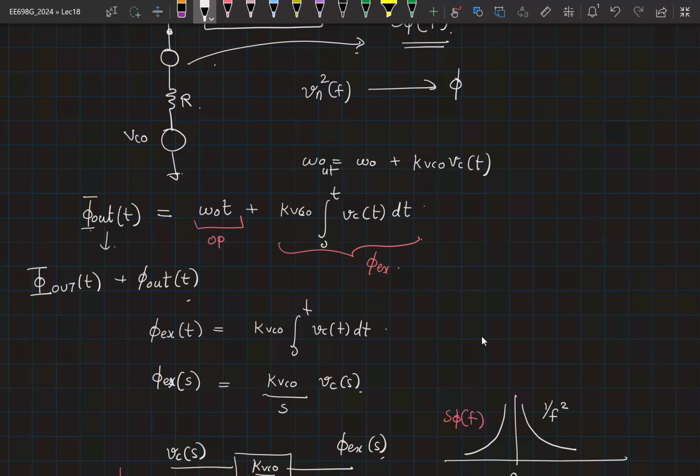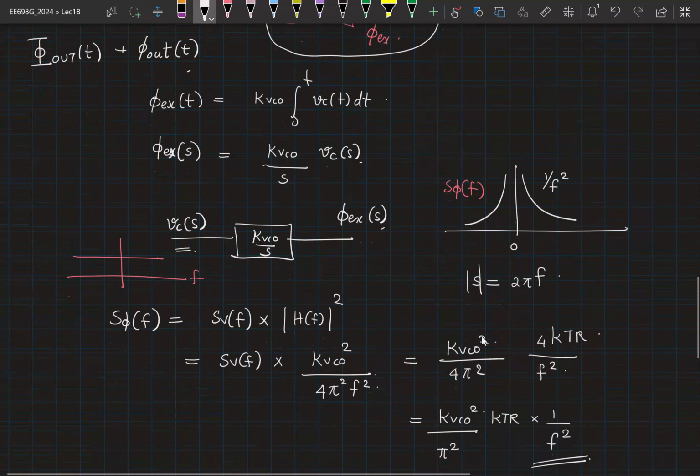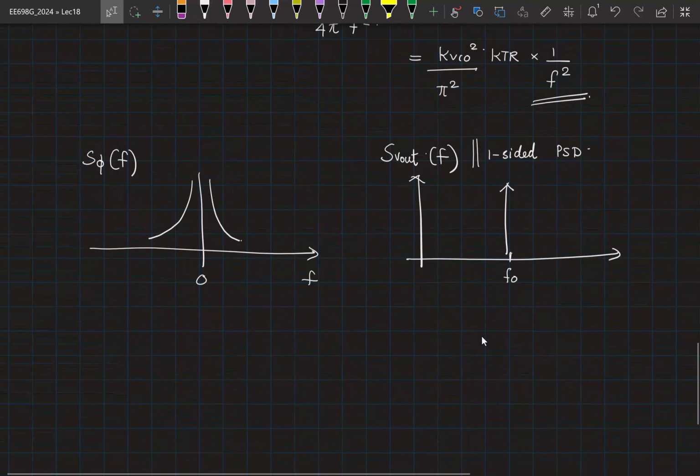So S phi of f refers to the PSD of this quantity, which we are denoting by phi x. If you are getting confused, I can write it as S phi x of f. Is that okay? Right? And then you would have the S phi x of f translated around f naught.